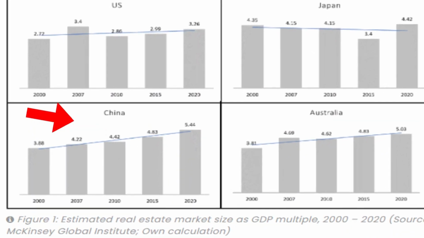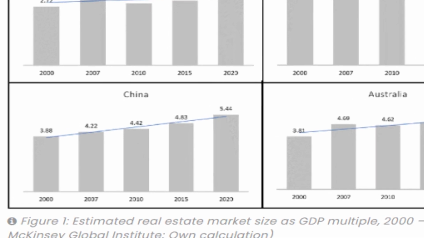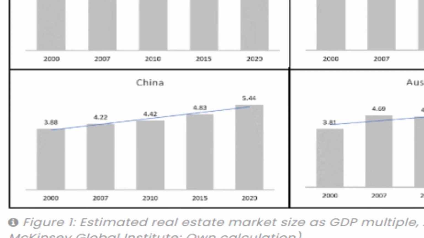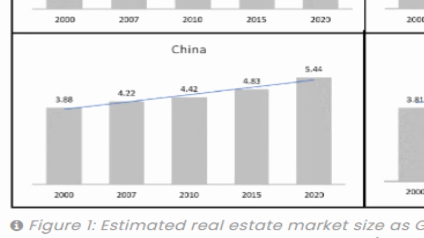This fiasco highlighted the fragility of the real estate market associated with the high Buffett indicator of the country, as the real estate ratio in GDP multiple has been rising steadily from 3.88 in year 2000 to 5.44 in year 2020. Whether the Chinese real estate ratio in GDP will be trending downwards like Japan or sideways like the US for the next decade still remains unknown.